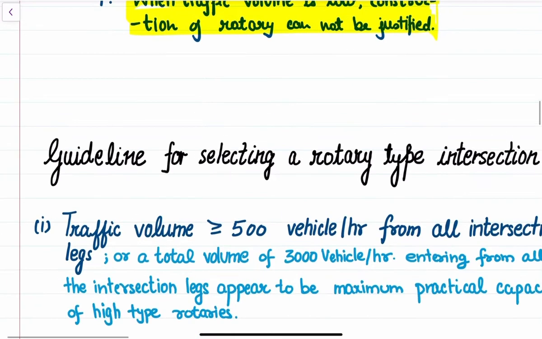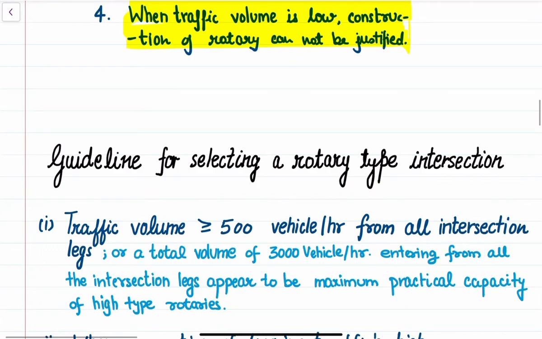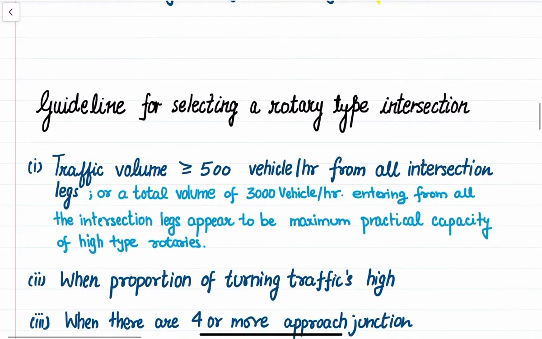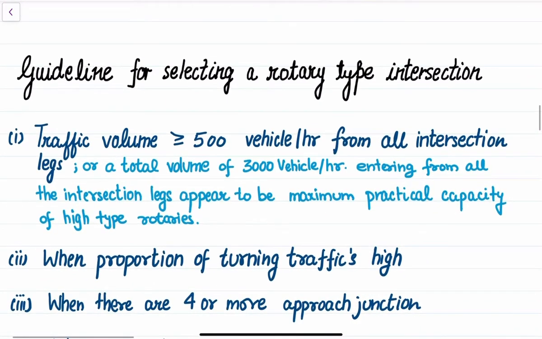So there are certain guidelines for construction of rotary type intersection. The first is, when should we go for the construction of a rotary along an intersection?